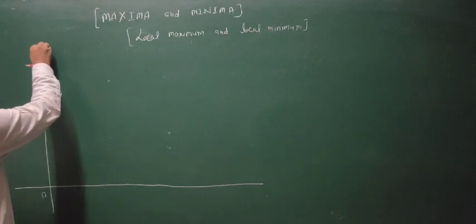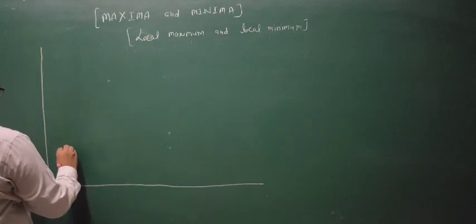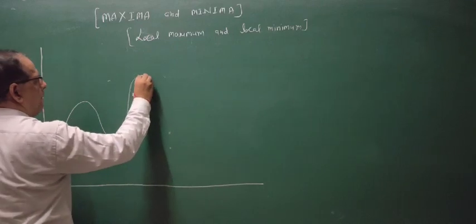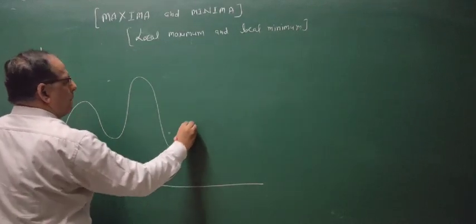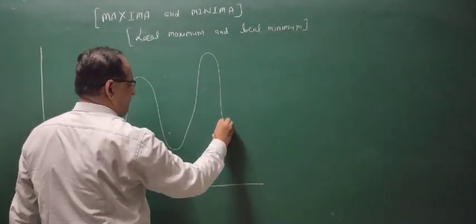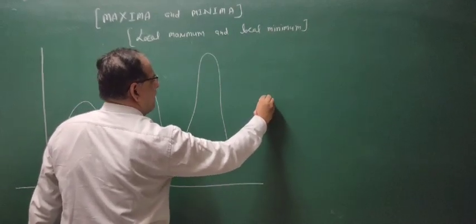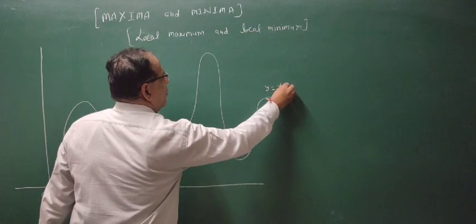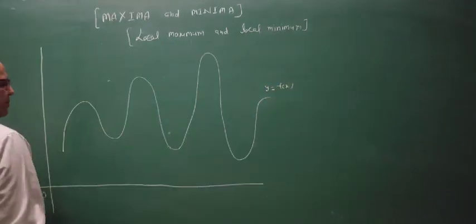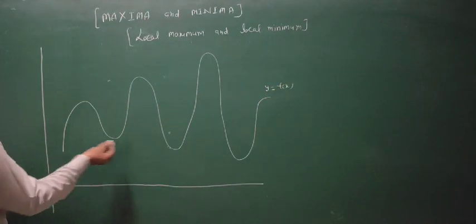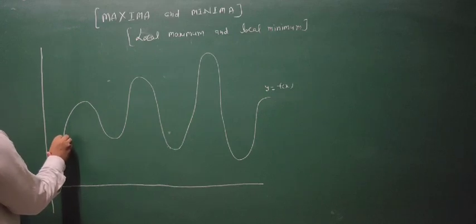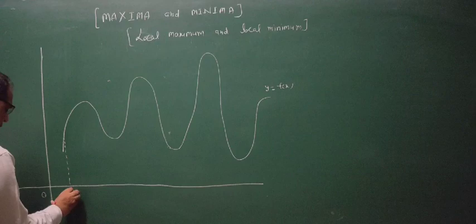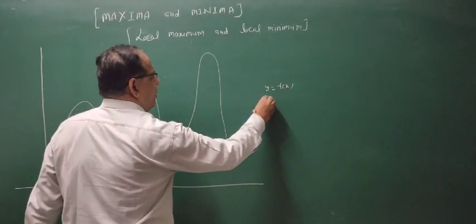Suppose this is the graph of the function y equal to f(x), defined between the interval x equal to a and x equal to b.